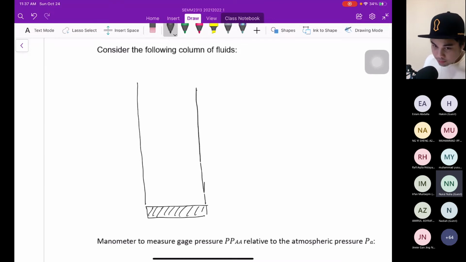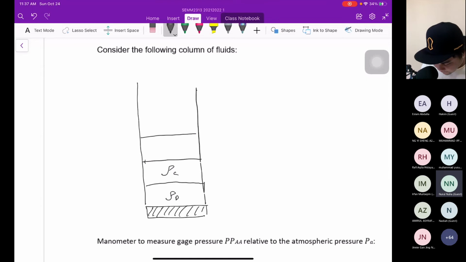First we pour liquid, let's say this is liquid density D. Then we pour another liquid, liquid C. Then we pour another liquid, liquid B, and finally liquid A.